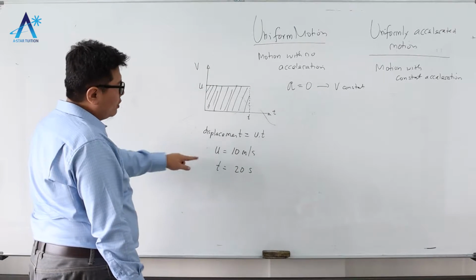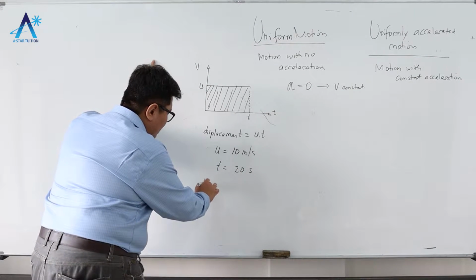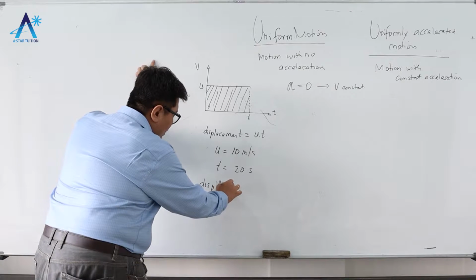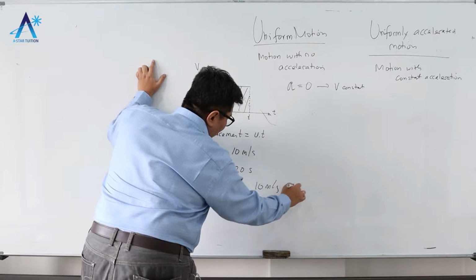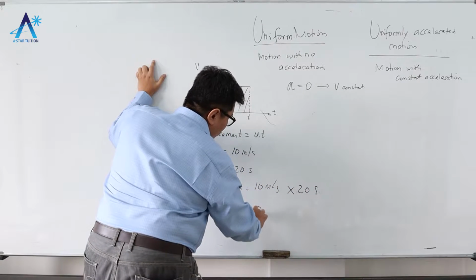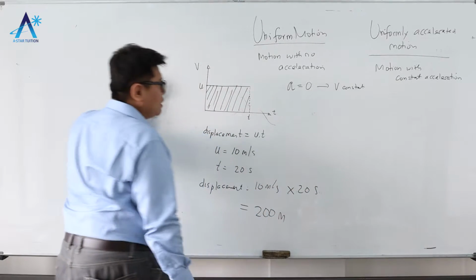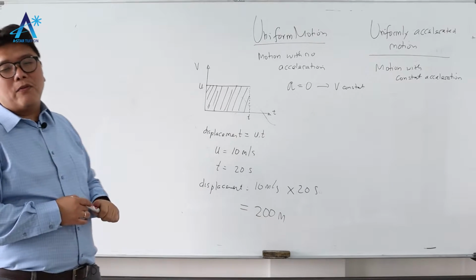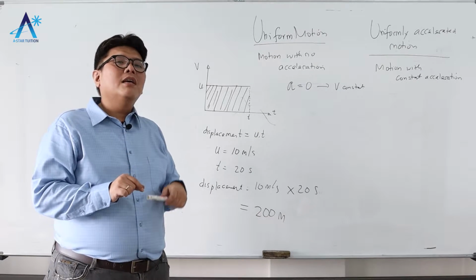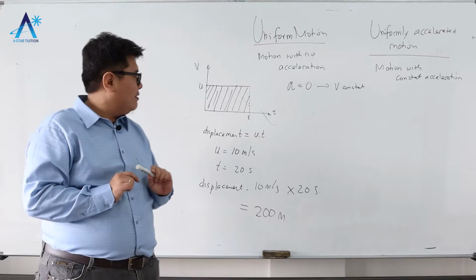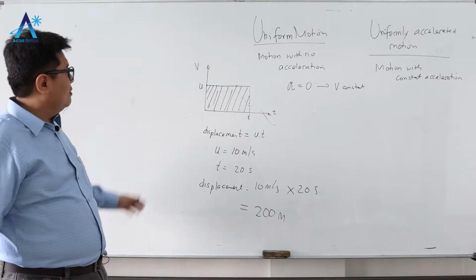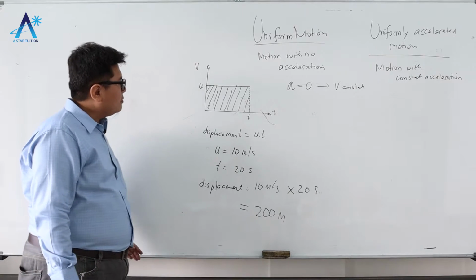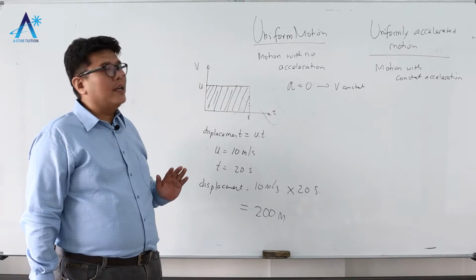So then in 20 seconds, the displacement would be 10 meters per second multiplied by 20 seconds, which will give you 200 meters. So the displacement is going to be 200 meters from the initial position in the direction of motion, right? So this is quite straightforward. So there you go. Now what about uniformly accelerated motion?